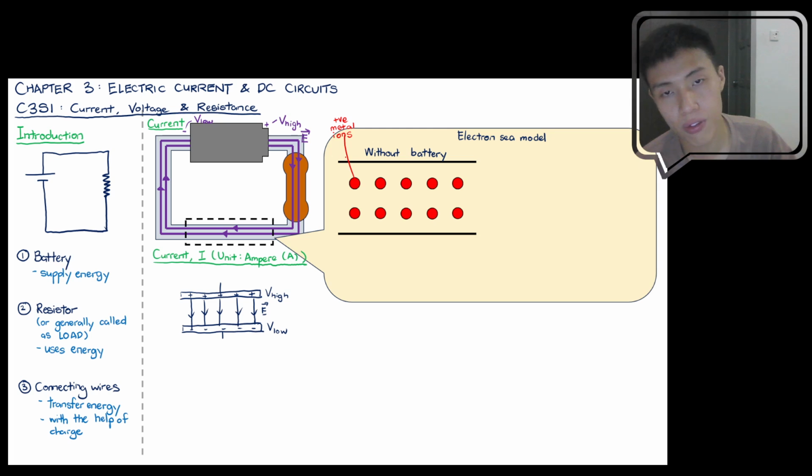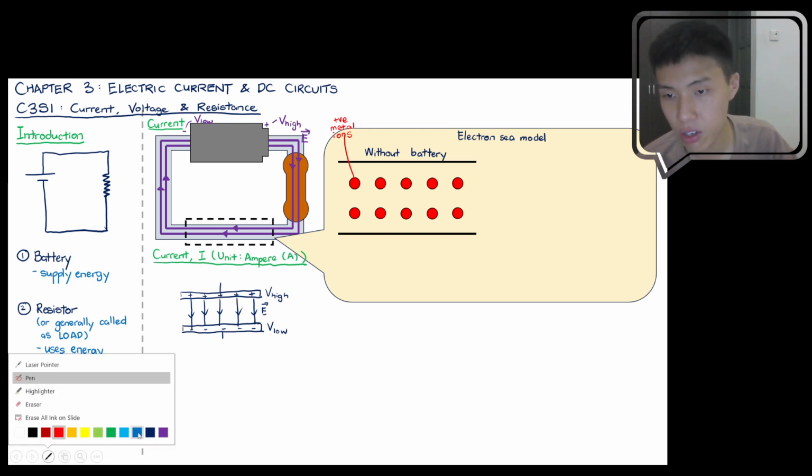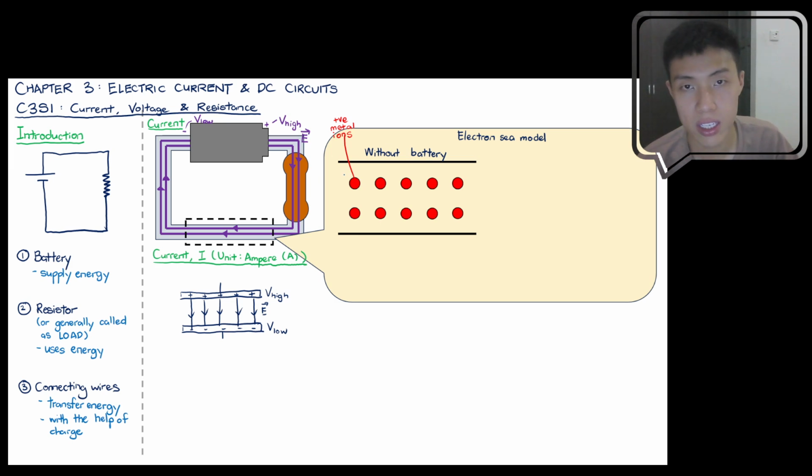Okay, so you have electrons floating around right now. These electrons are floating around, and based on the electron sea model, we know that they are not really bound by the metal ions anymore. So when they're not bound by the metal ions, they're able to freely float around the region, moving around.